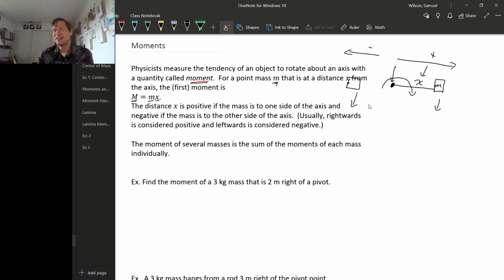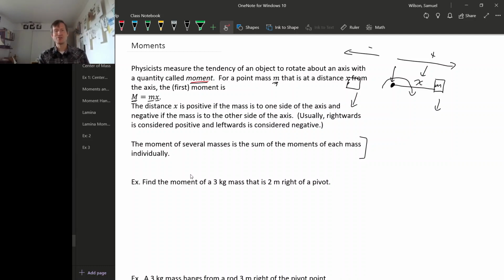So a moment really tells you how and how much this whole configuration wants to rotate around your pivot point here. If you have several masses instead of just one, to find the moment of the whole system, you just find the moment for each individual mass and then add them all together. And the sum of the moments will tell you, for the entire system of multiple masses, whether it wants to tip one way or the other.